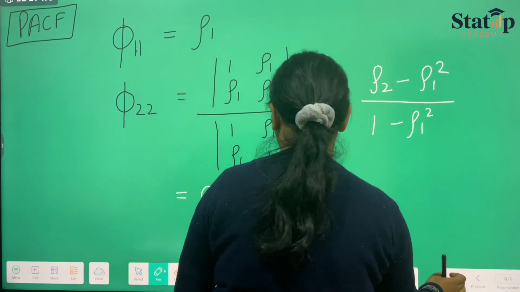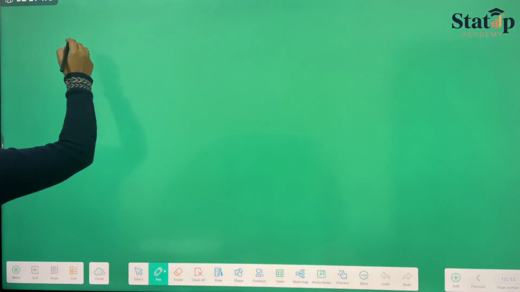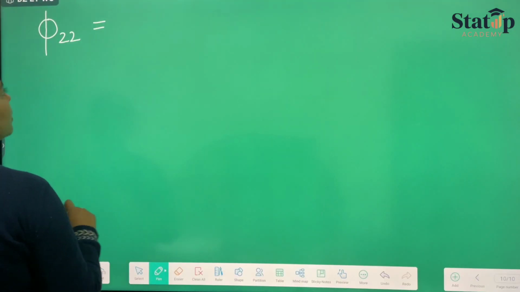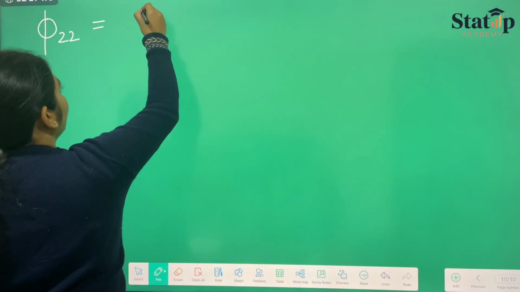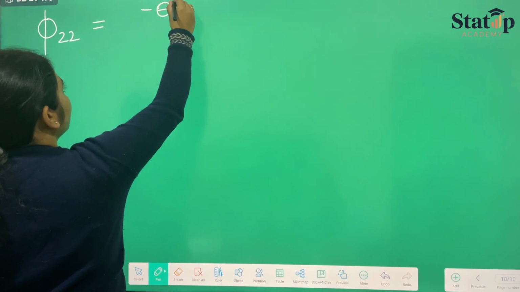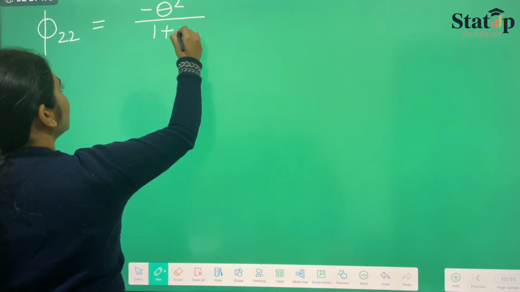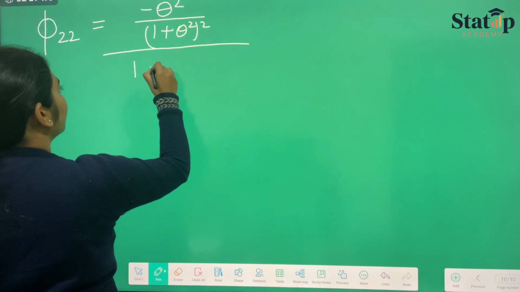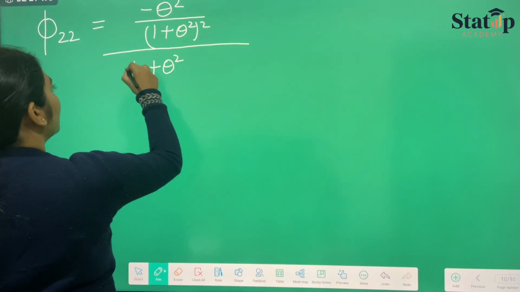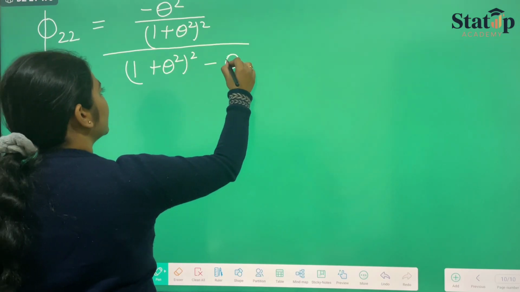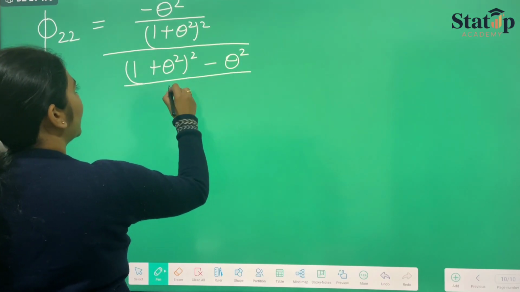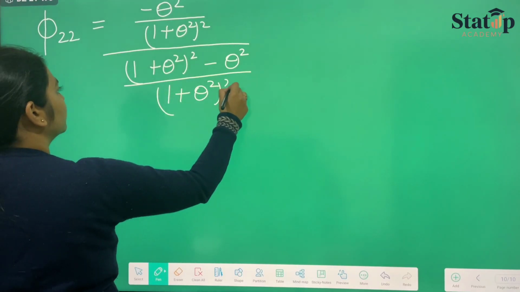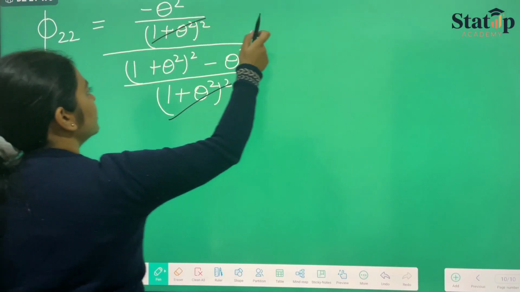Solving this on the next page, we are solving for the partial autocorrelation function. So it would be minus theta square upon 1 plus theta square whole square, upon 1 plus theta square whole square minus theta square divided by 1 plus theta square whole square. This and this get cancelled.